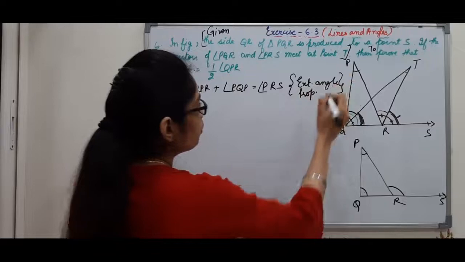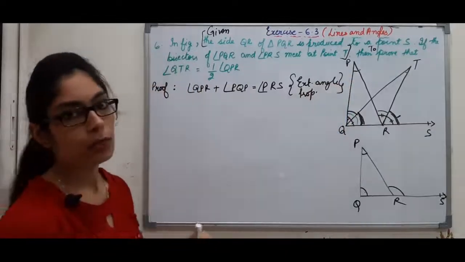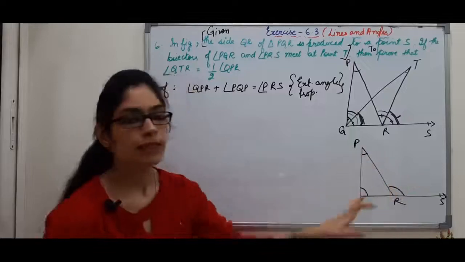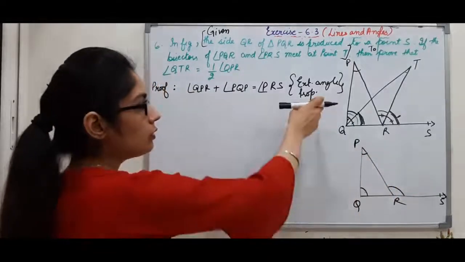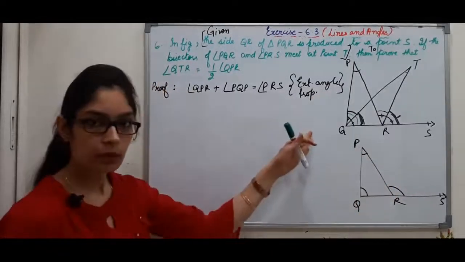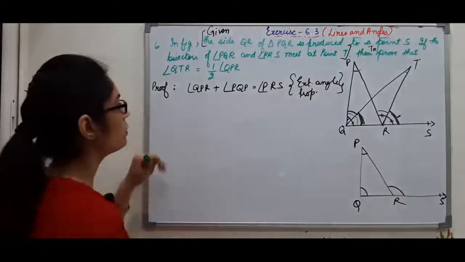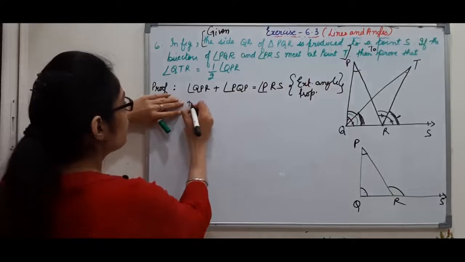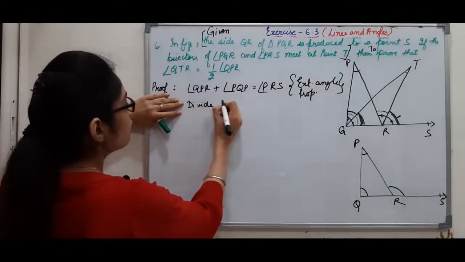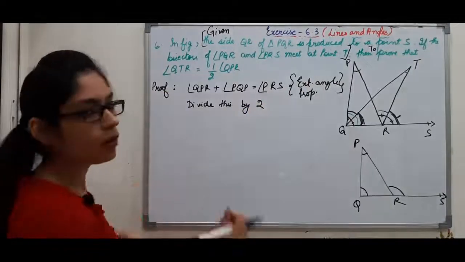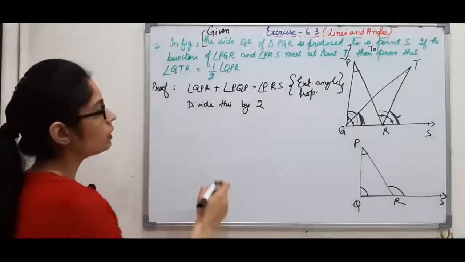According to exterior angle property, the sum of the interior opposite angles is equal to the exterior angle formed with the same triangle. If you want the full statement you can mention it, or you can also just mention the exterior angle property, so it's fine. Now divide both sides of the equation by 2.